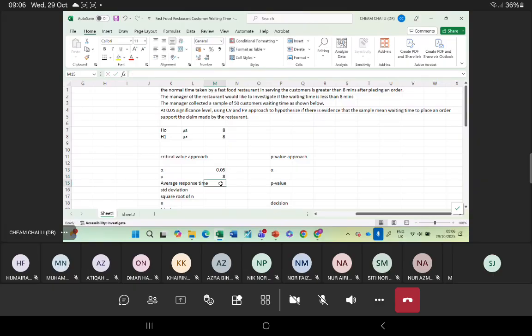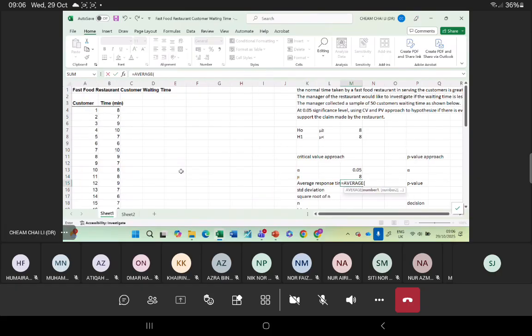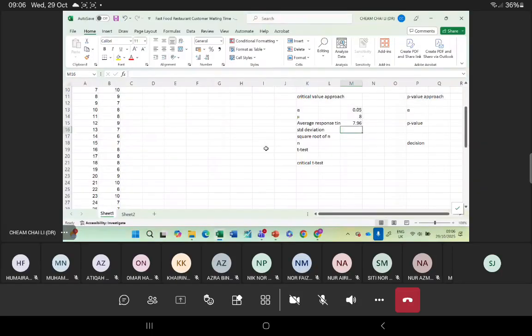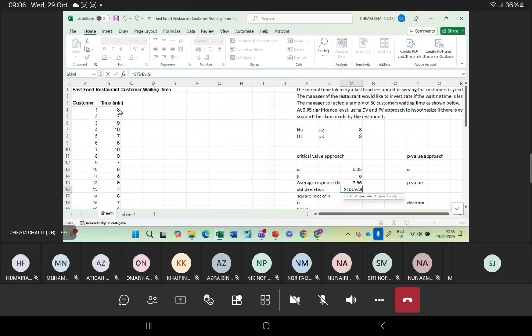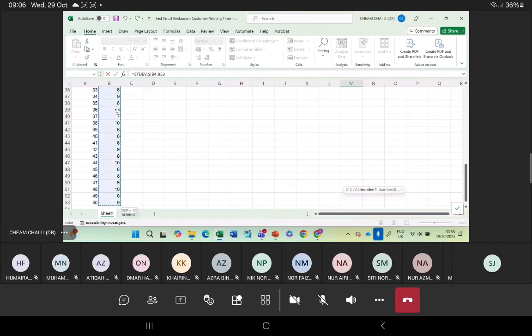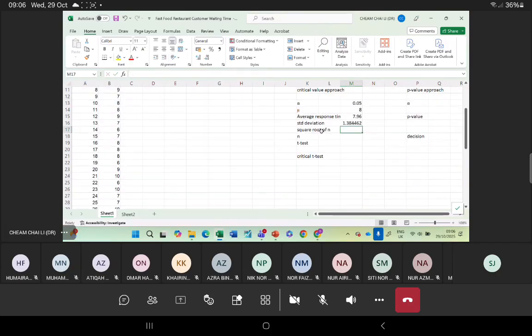So the average waiting time, we have to calculate. Average. Okay, so you just select the times. And then we have the standard deviation as well. So STDEV.S, open bracket, you select all of these. Okay.